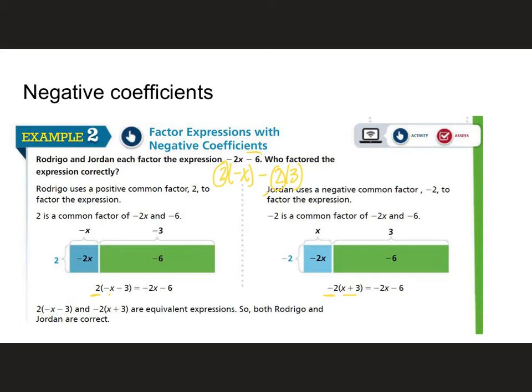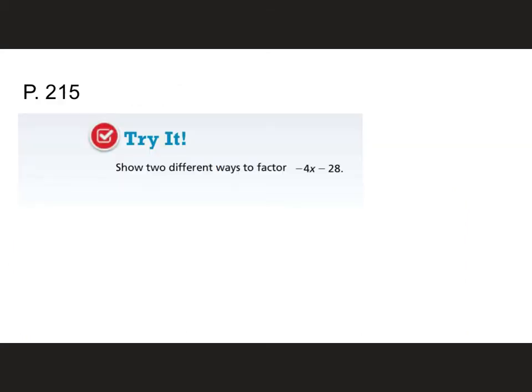But both of those are actually okay. They're both correct, whether you put the negative or not. We tend to like it for you to use the negative as the factor so that the terms inside the parentheses don't have all the negatives. But either way, it's actually correct. So there's two different ways of factoring negative 4x minus 28. Why don't you pause and try now?